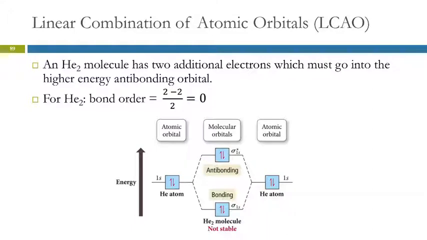Any questions? Yes? So I'm assuming it's the same for diatomic elements like nitrogen, oxygen, fluorine, chlorine, and all that. So how come phosphorus and sulfur, they have the same amount of valence electrons as nitrogen, phosphorus does, but it doesn't form a diatomic? That's a good question.